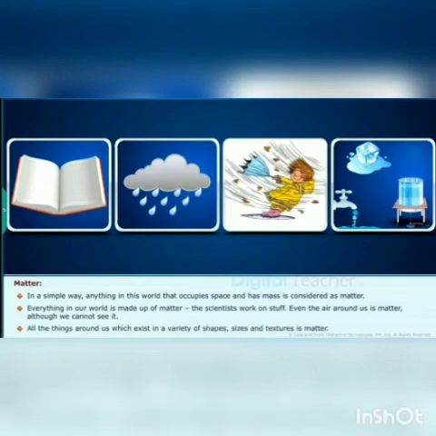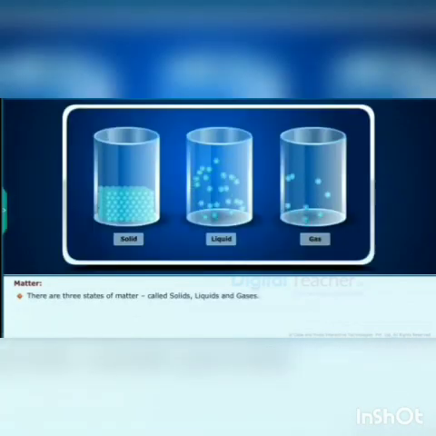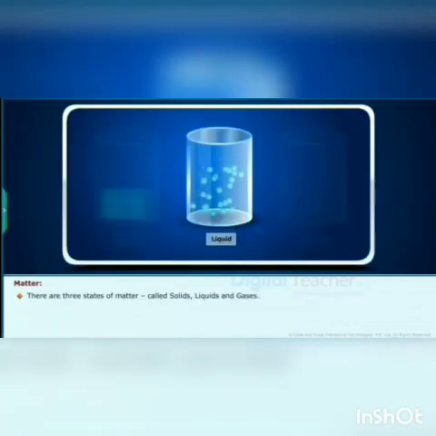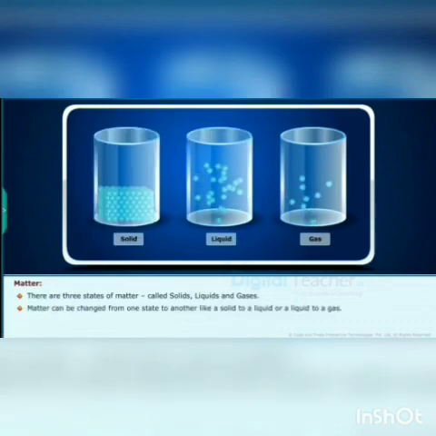All the things around us which exist in a variety of shapes, sizes, and textures are matter. There are three states of matter called solids, liquids, and gases. Matter can be changed from one state to another, like solid to liquid or liquid to gas.